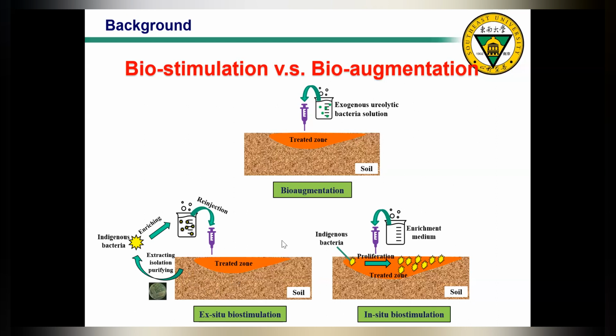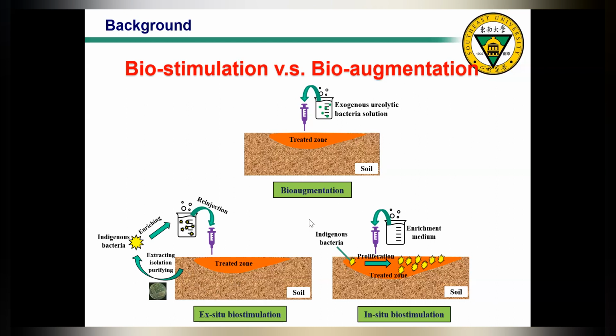So then it comes to the next approach, the in situ biostimulation. In this method, instead of injecting bacteria, only a carefully designed enrichment medium will be injected, and the medium can stimulate the growth of native ureolytic bacteria in the natural soil, and then it can trigger MICP.